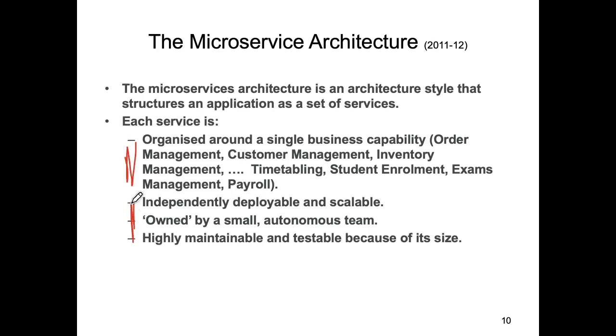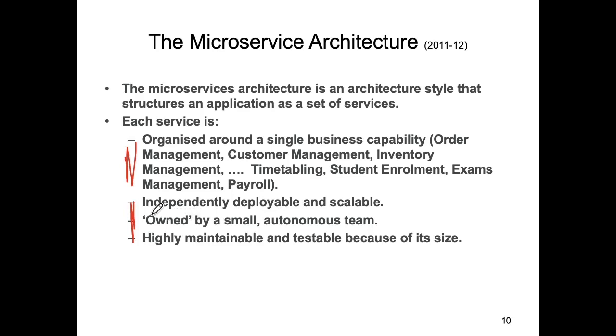That each service could be independently deployed and scaled. And also each service was owned by a small team, a small autonomous team within the overall group of software engineers, which was one of the points in that triangle that I showed you a good few slides back.